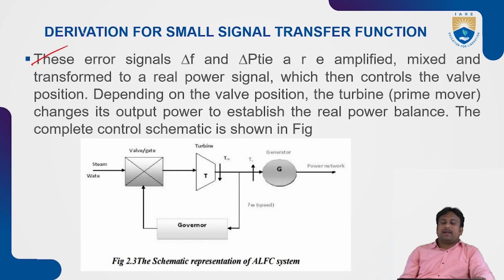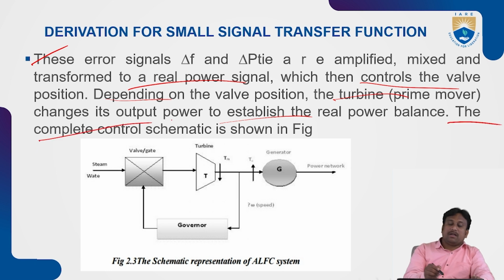Error signals like delta F and delta P tie line are amplified, mixed and transformed to the real power signal, which then controls the valve position. Depending upon the valve position, the turbine changes its output power to establish the real power balance.